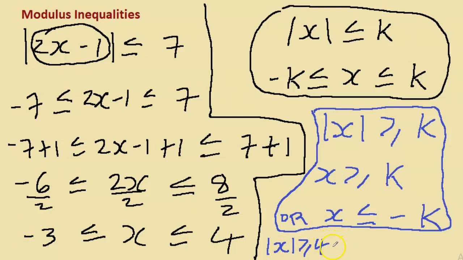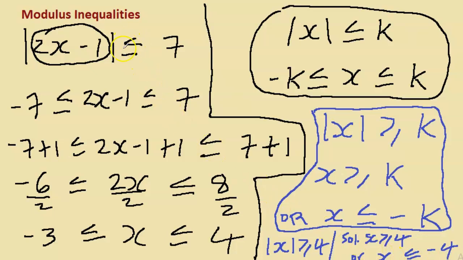So in a situation like this, the solution set would be x is greater than or equal to the positive, or x is less than or equal to the negative. Alright?